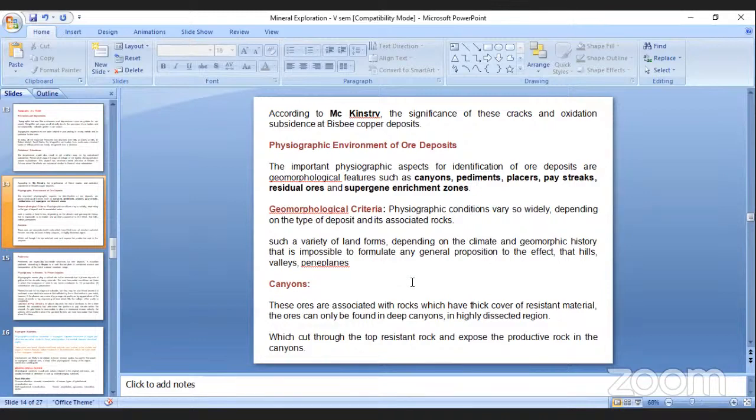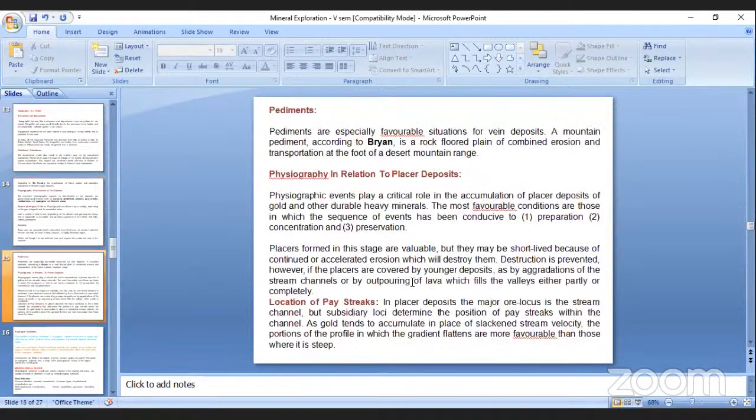If you want to search for them, we go and cut through the top resistant rock, and automatically the productive rock in that canyon is exposed. Next one is pediments. Pediments are favorable conditions only for vein deposits. A mountain pediment, according to Bryan, is a rock-floored plain of combined erosion and transportation at the foot of a desert mountain range.